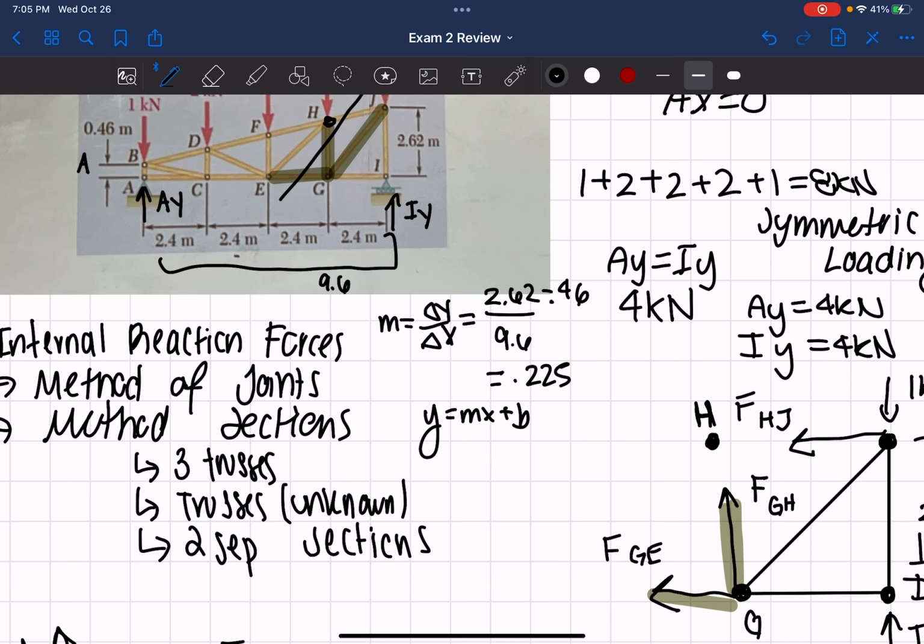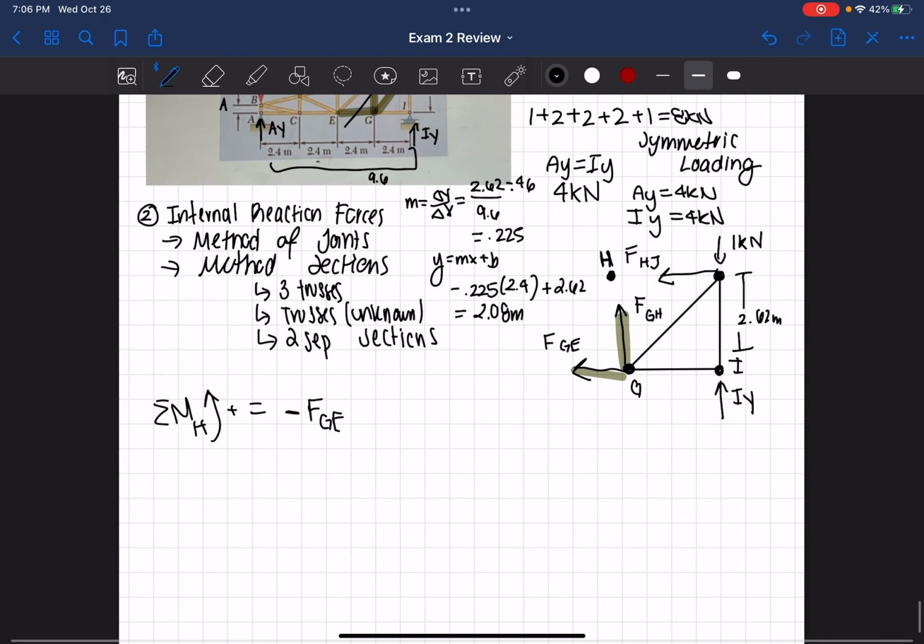We get 7.2, and we know the slope is 0.225, and you want 2 meters in. That's our slope.